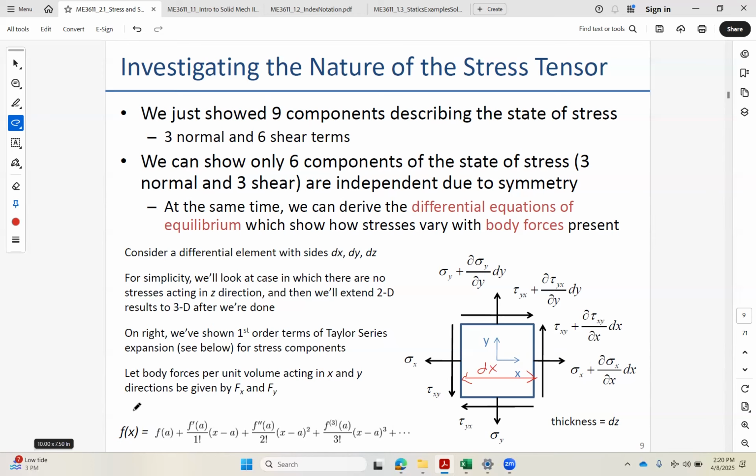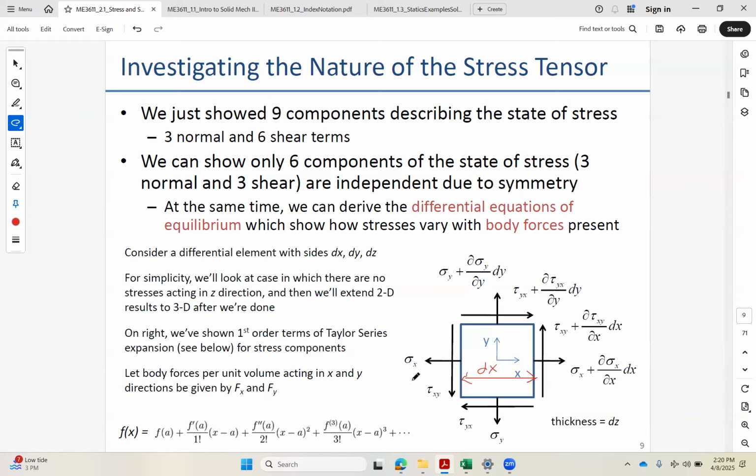And we could do the same thing with tau xy, x face y direction, down on the left side. We go from the left to right edge, and we might have some change in shear with x times that same dx distance. And then we do the same thing going from the bottom to the top. On the bottom, we've got sigma yy. It could change on our way up.